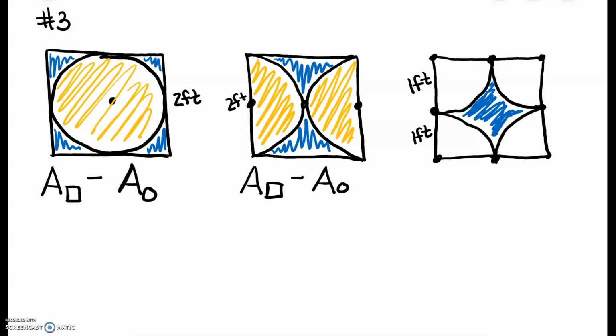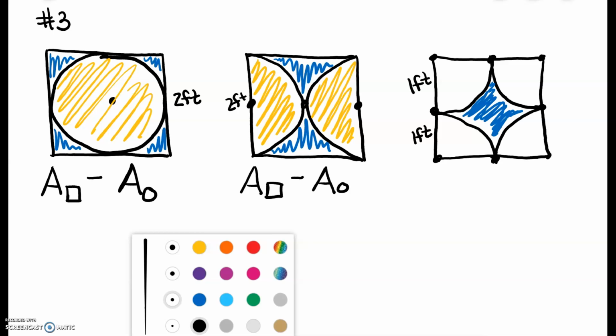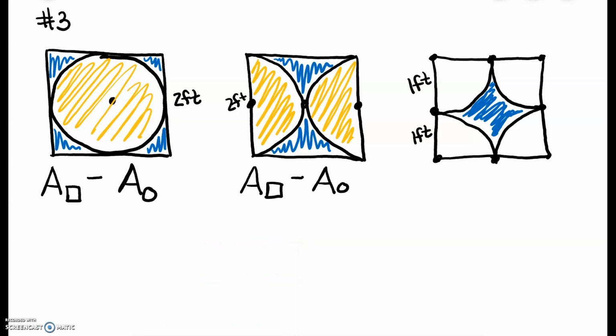And if you notice in both of these problems, I have not a radius, but a diameter of 2 feet. This one's obvious, right? This one says the side of my square is 2 feet long. Well, that means this distance here is also 2 feet. So the diameter of this circle is 2 feet.